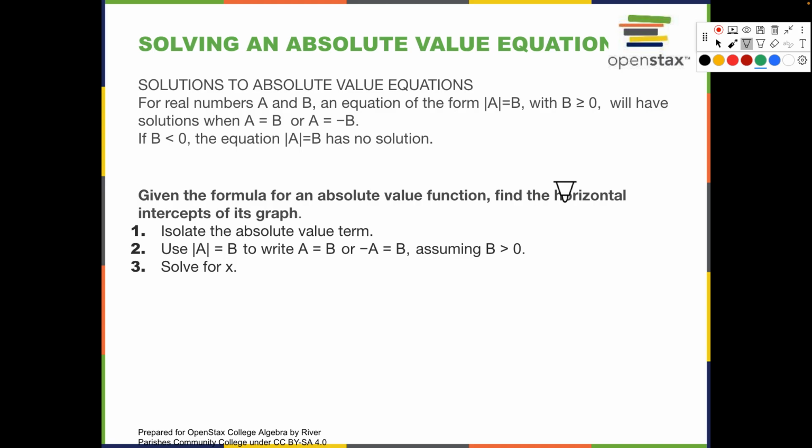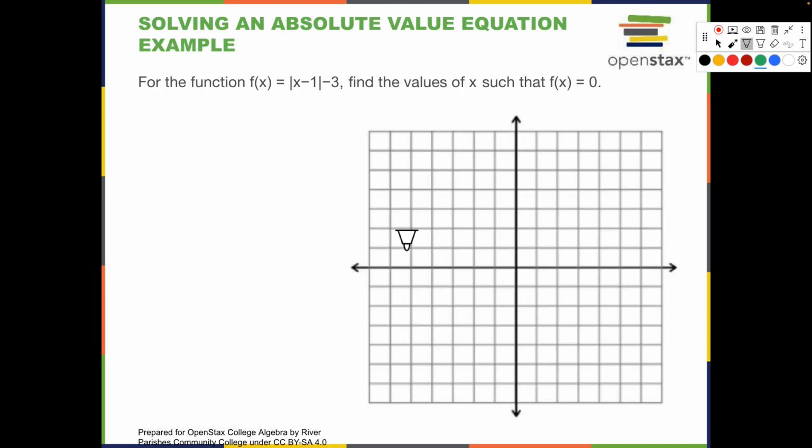We've already talked about absolute value equations or inequalities. Absolute value equations are basically the same, except with absolute value, you always get a plus or a minus. Solving an absolute value equation. So again, we did absolute value of x minus 1, minus 3.